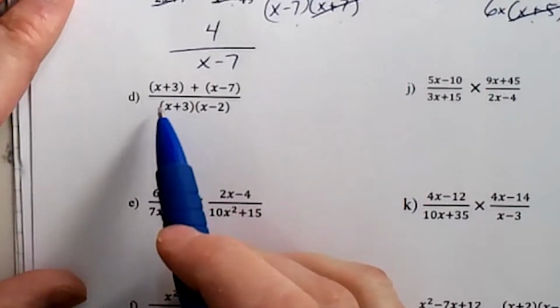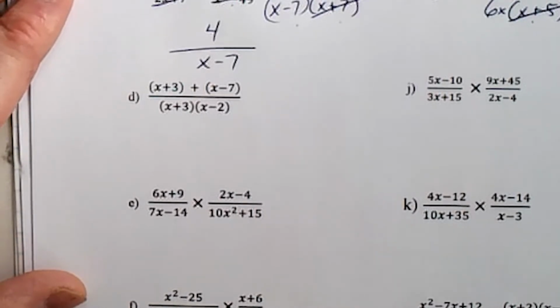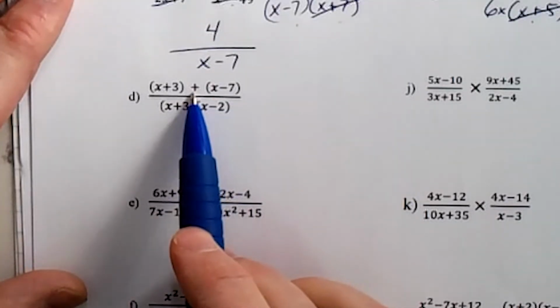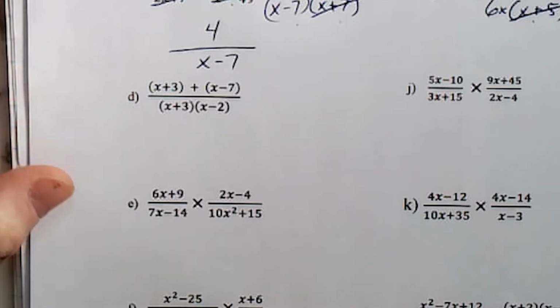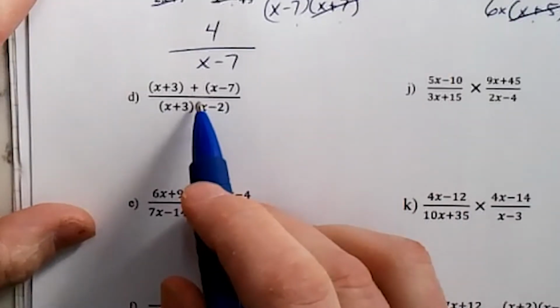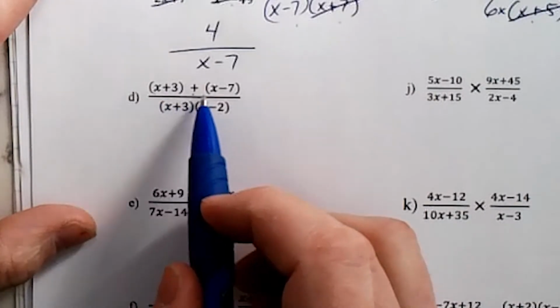Now this one we've got matching binomials, at least the x plus 3's. But there's a plus sign in the middle. As soon as we see a plus sign outside the brackets, start thinking something's different. We can't factor these ones, or we can't cancel these ones. But if it's plus, and this is going on to the next section, we just add the x's.